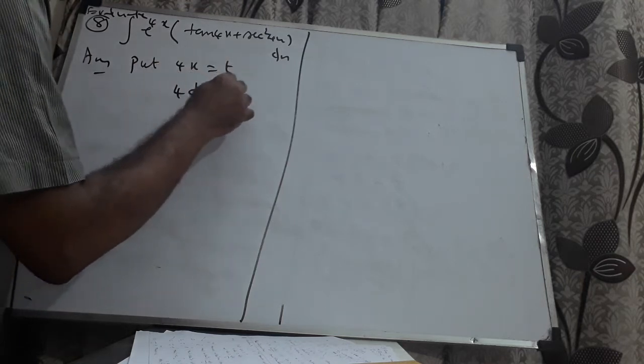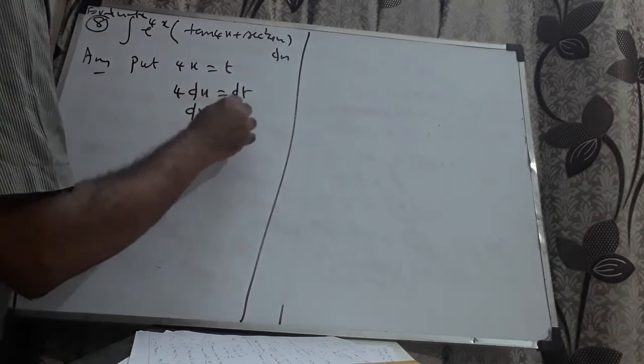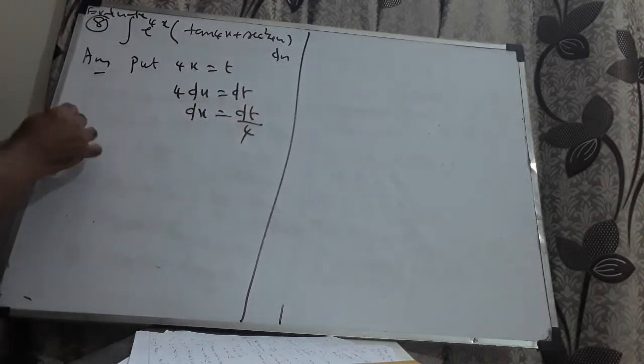4 dx is equal to dt. My dx will become dt by 4.